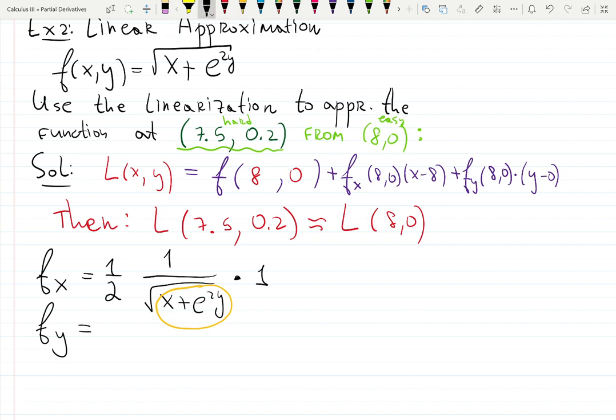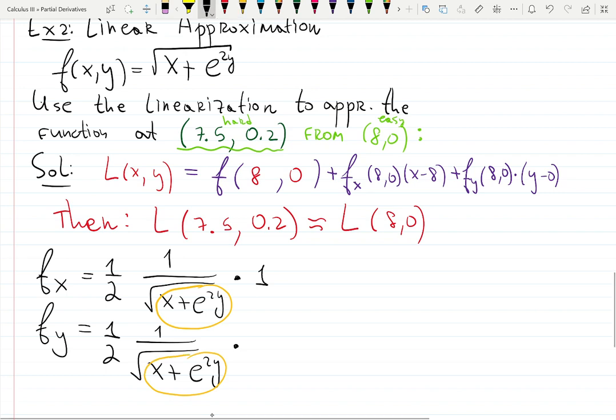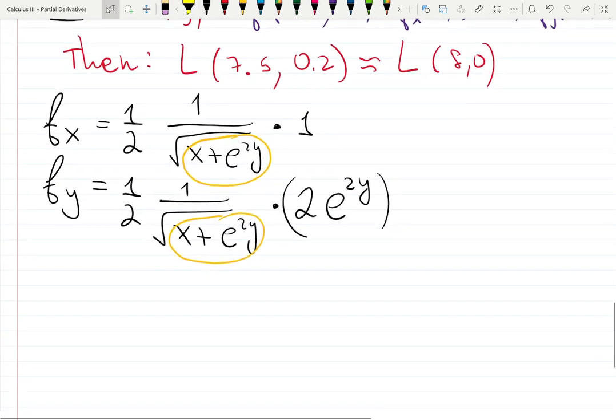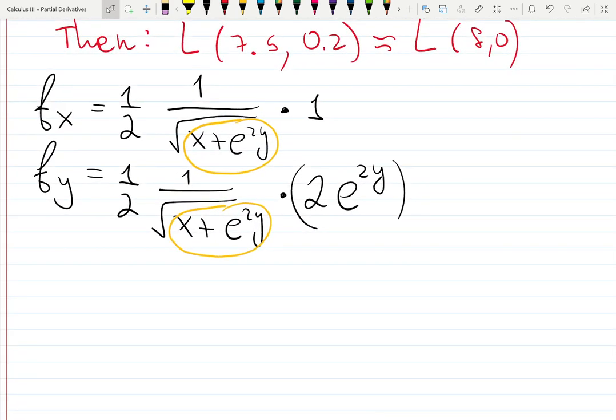That's very nice. With respect to y, 1/2, 1 over the square root of x plus e to the 2y. Now you should be careful. What is the derivative of the inside function with respect to y? 2e to the 2y. You're going to have this on the quiz right now as well, e to the 2y and stuff like that.